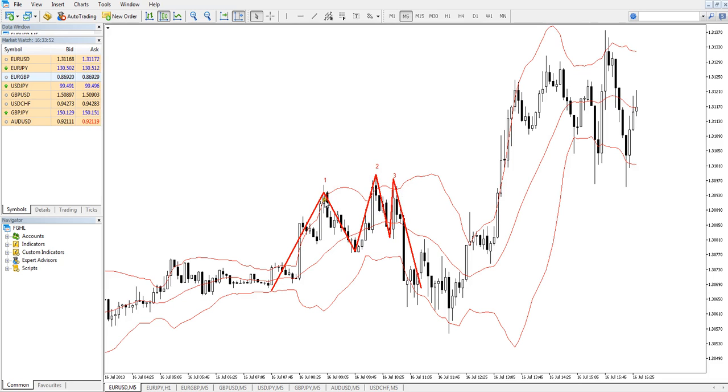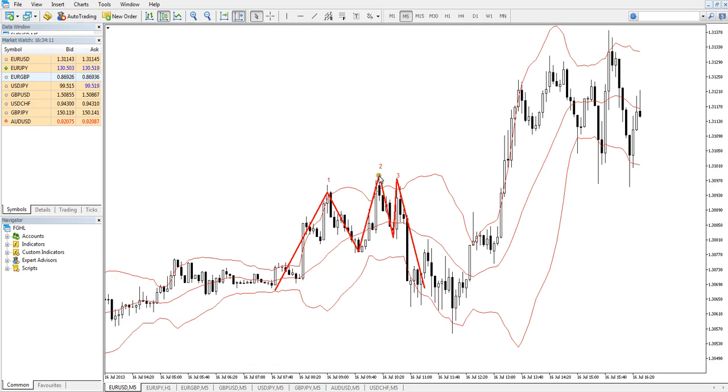Where the left shoulder and the right shoulder are in comparison to each other is irrelevant. The only thing you need to bear in mind is that you've got a left shoulder, a head which is the highest peak, and a right shoulder which is lower than the head in the center. So that's your head and shoulders.